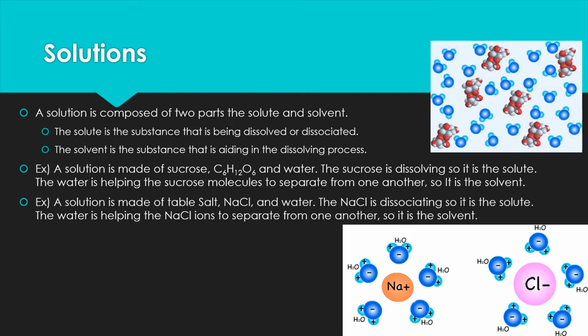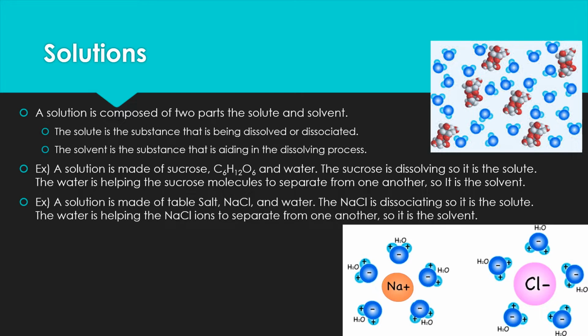So for example, a solution is made of sucrose, which is sugar essentially, and water. So we can see that in the picture on the top right. The sucrose is dissolving, so it is the solute. So those are the larger red and white molecules there. Those are sucrose.